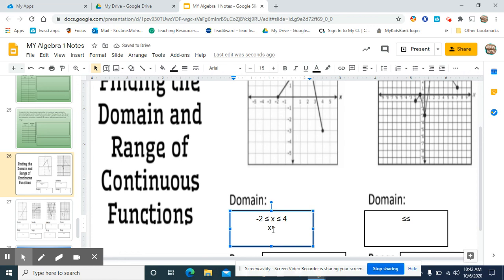I don't have the equal one on here, but just remember that that has an equal to, and then -2. And then it's also X is less than or equal to 4. So it's two things. So X has to be greater than or equal to -2 and less than or equal to 4.